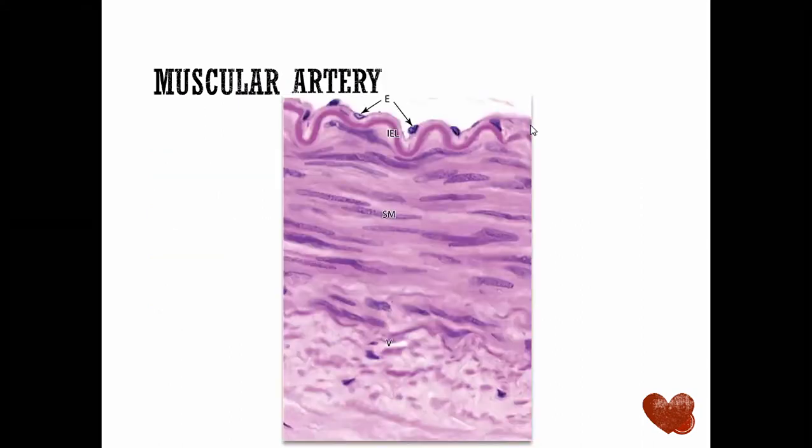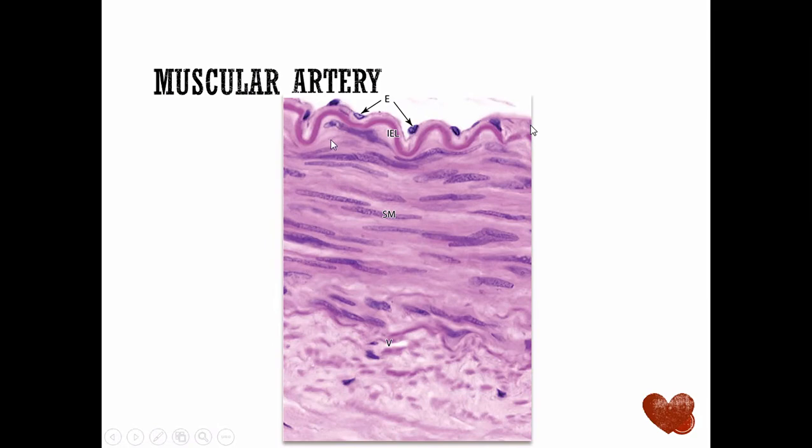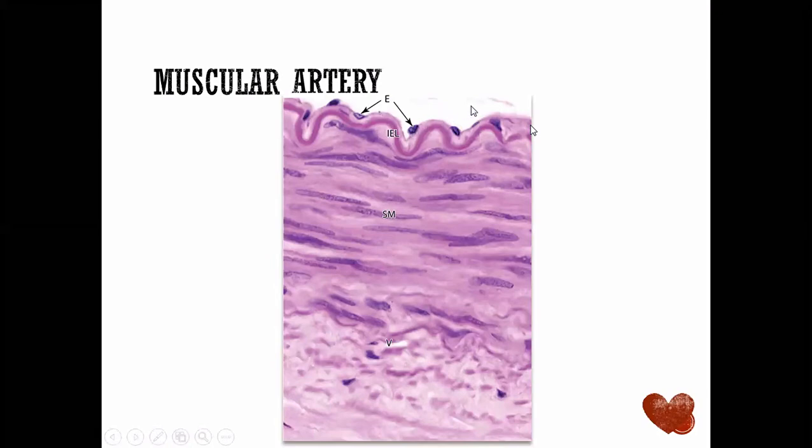Now, this is your schematic diagram of your muscular artery. Take note of your endothelial cells, the lining. And then you find here your internal elastic lamina, or membrane. And then you have your smooth muscles.